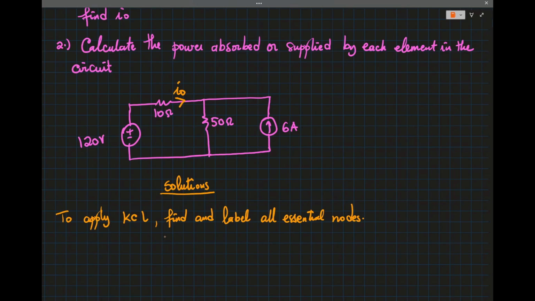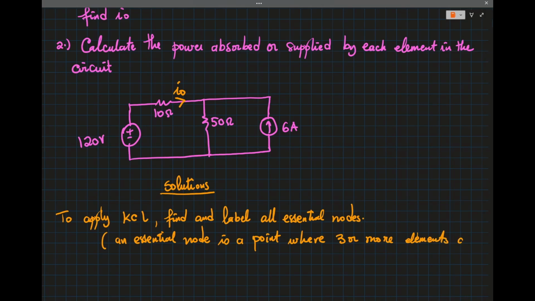Let's remember, an essential node, from the previous video, we defined an essential node as a node, a point where 3 or more components or elements are joined.